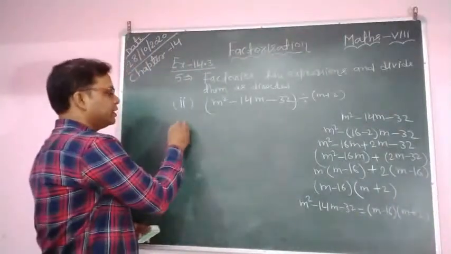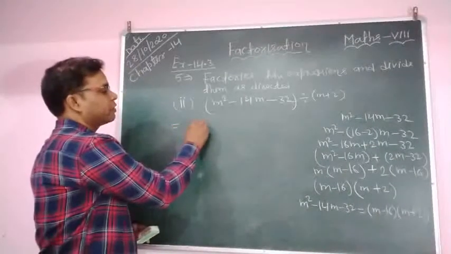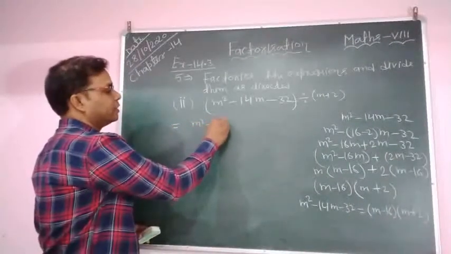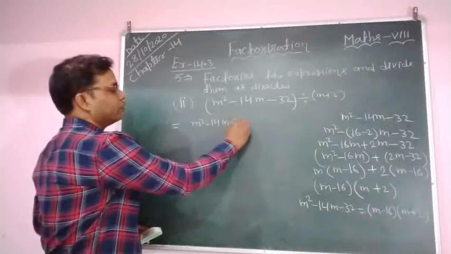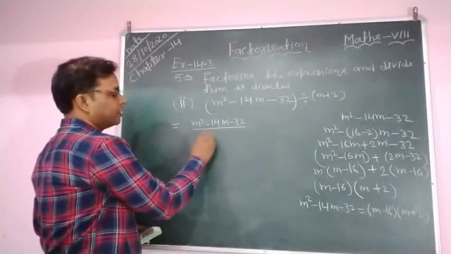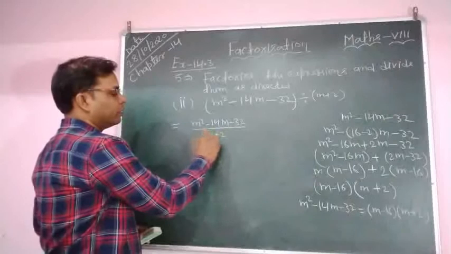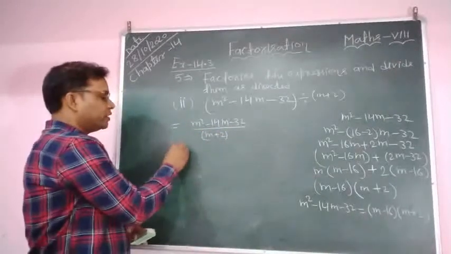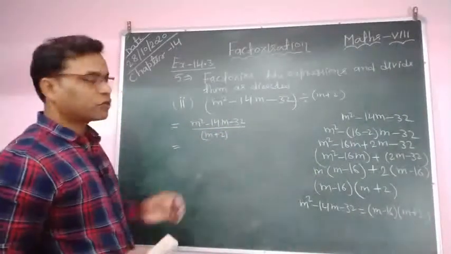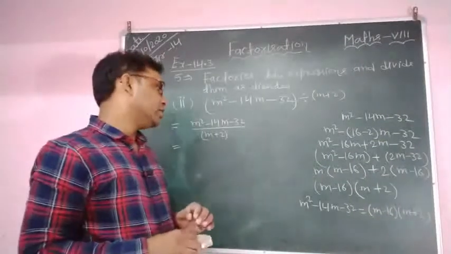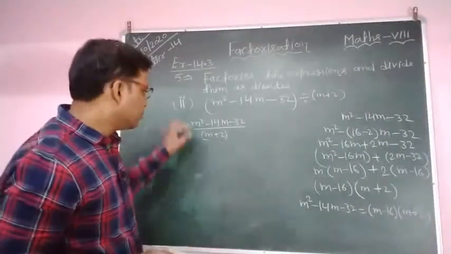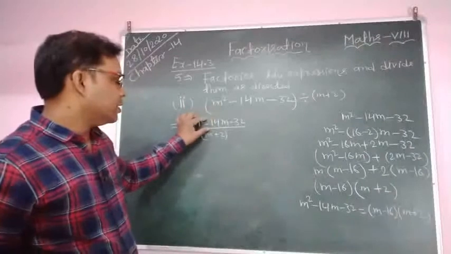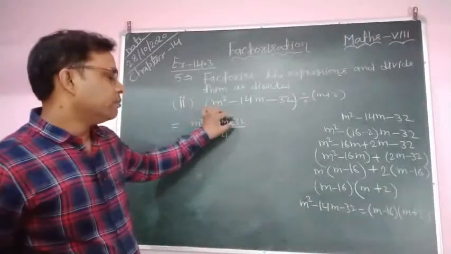So first you write it like this: m square minus 14m minus 32 divided by m plus 2. Okay? So we need to find the quotient when we divide m square minus 14m minus 32 by m plus 2. So already we found the factors of m square minus 14m minus 32.